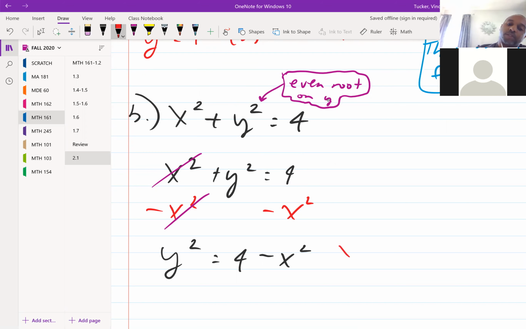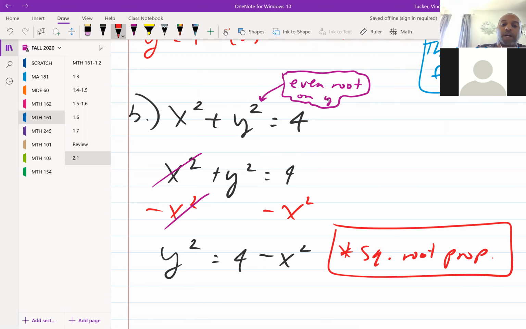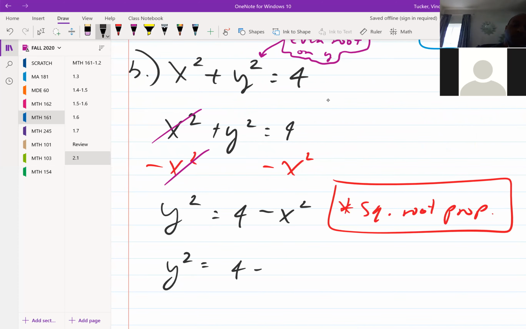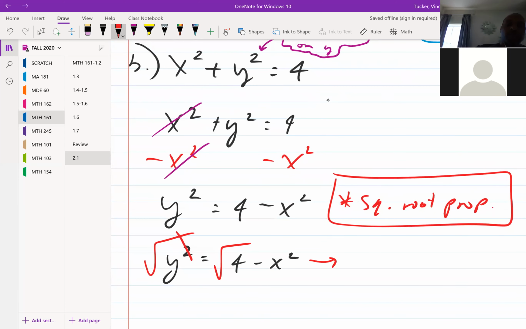Don't forget the square root property. Because remember, we're solving for y. If you take the square root of both sides, that's going to be y equal to plus or minus square root of 4 minus x squared.